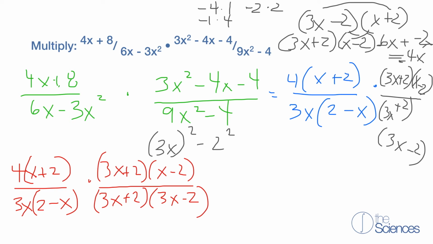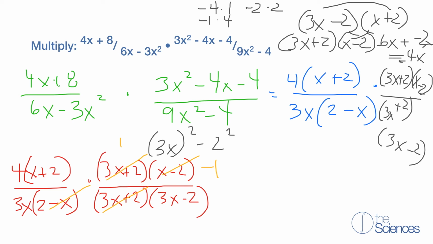So now we can cancel out our like terms in the numerator and in the denominator. So here we have 3x plus 2 divided by 3x plus 2 is 1. Here we have x minus 2 divided by 2 minus x. So we can cross cancel that, and it becomes a negative 1.